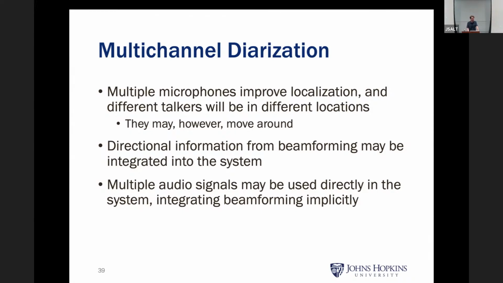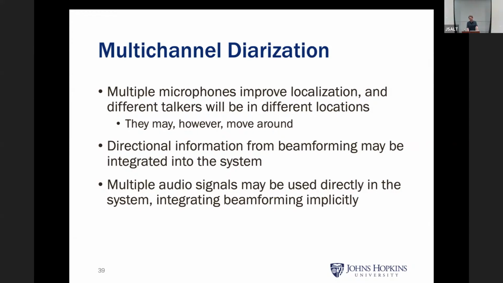And to some extent, that is true, that localization information is very useful for diarization. But there are also some complications in the sense that people move around. So you can't necessarily just lock in on somebody and say anything coming from that direction is always going to be a particular person.